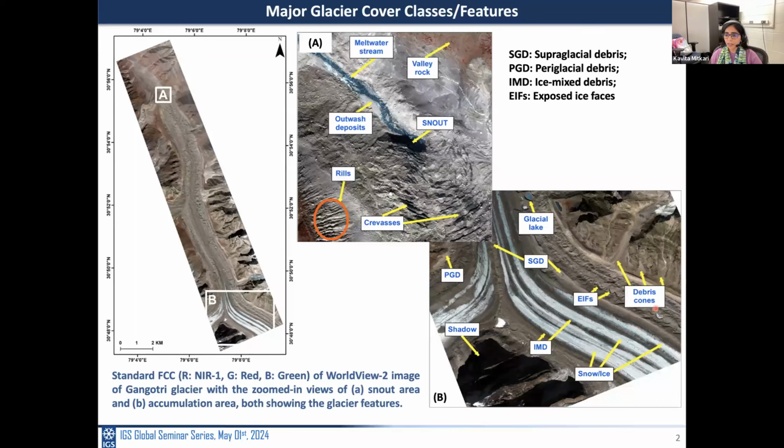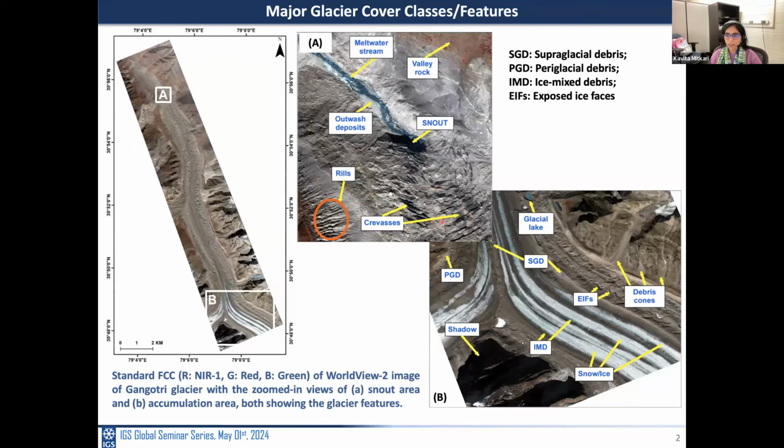And there are other features like debris cones. These are the conical sediments that are deposited, and they play a critical role in the development of the debris cover glacier. In this ablation zone, you can see the crevasses.